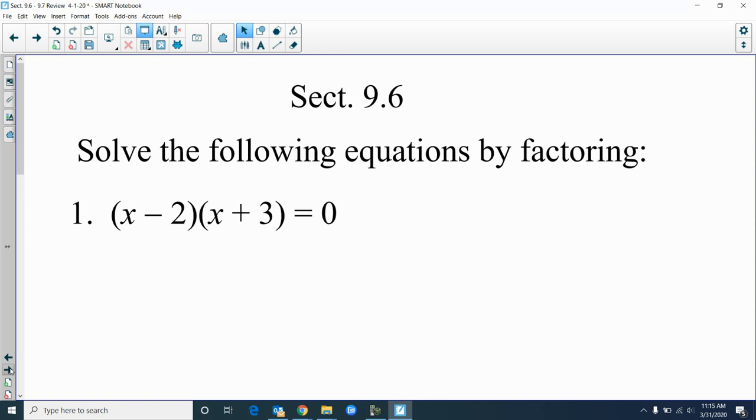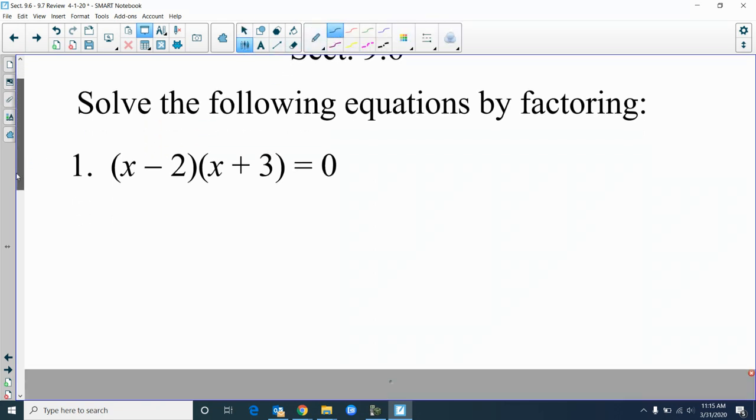Section 9.6, we're still dealing with equations by factoring. For number one, if they are already in parentheses, that is a good thing. We are basically using the zero product property, which means if two things multiply to equal 0, then one of them has to be 0.